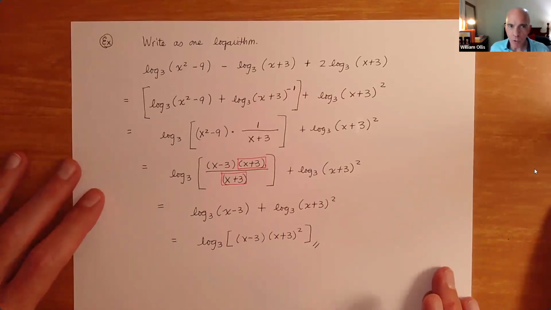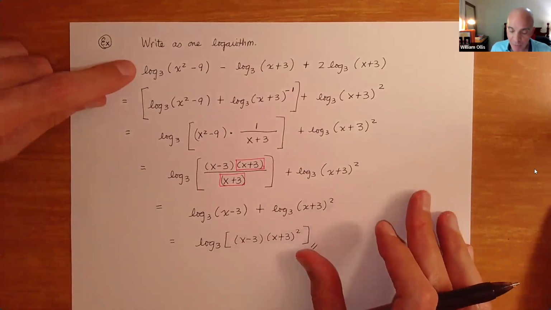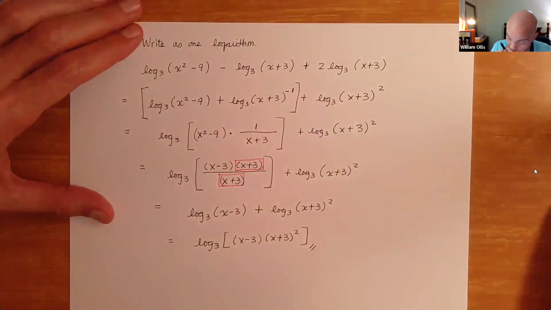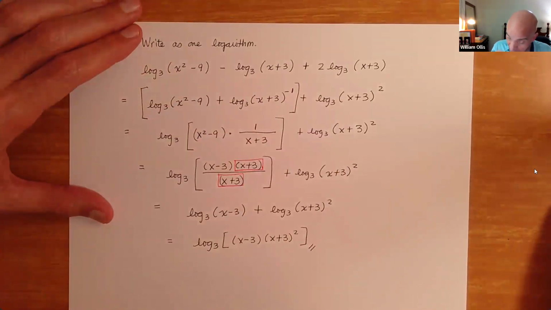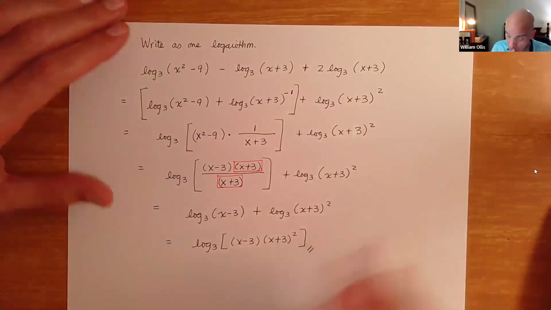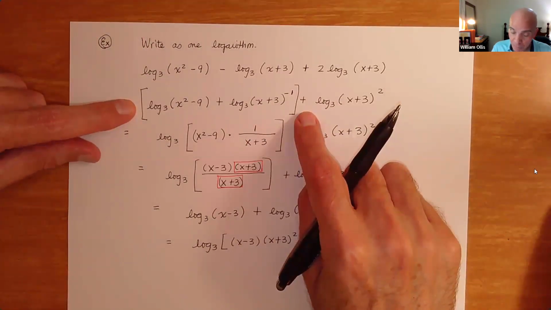But notice what we've done here. Doesn't matter how many logarithms you have, the process can be done 2 at a time. So we have the base 3 logarithm of x squared minus 9 minus the base 3 logarithm of x plus 3 plus 2 times the base 3 logarithm of x plus 3. So just out of interest here, I just paired up the first two.